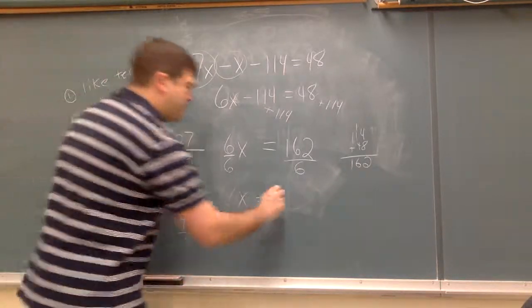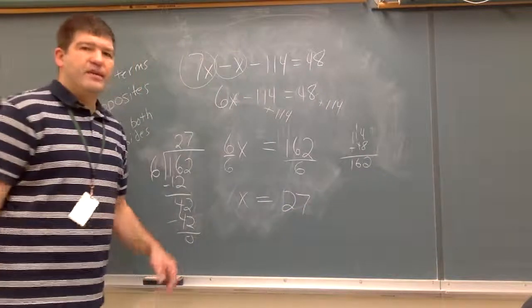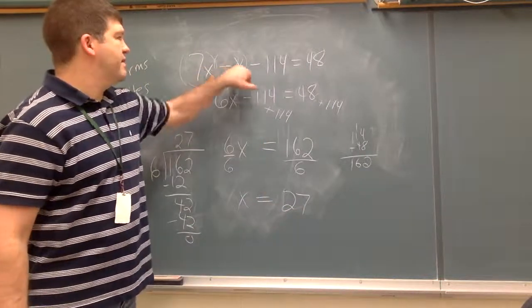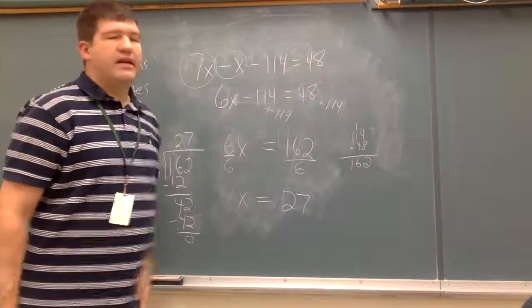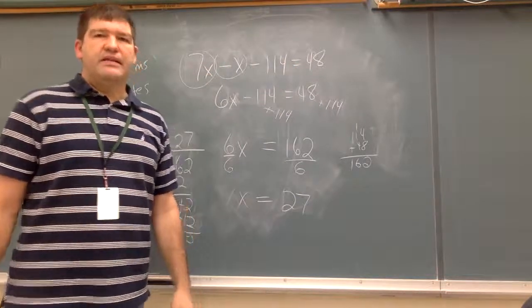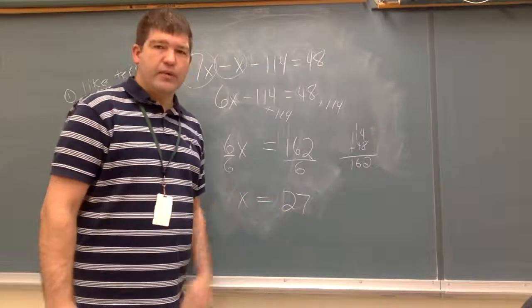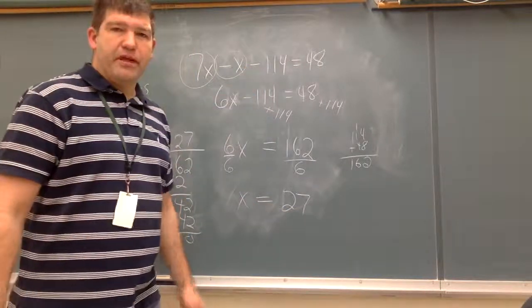Okay, 27. X equals 27. I plug 27 into these two x's here, do the problem, and I will get 48. It will be equal. When x equals 27, this is a true statement.